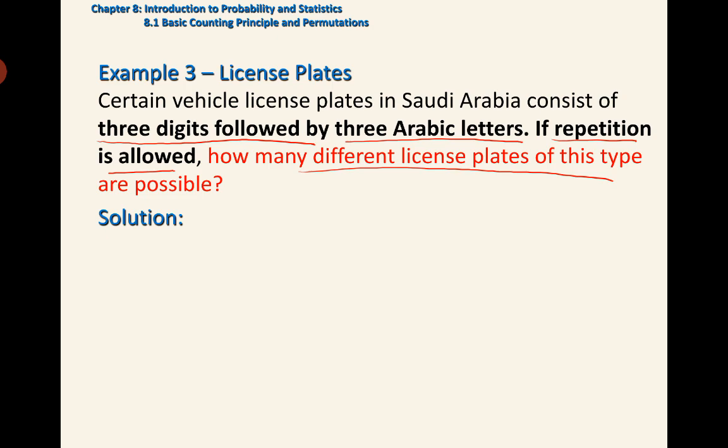The Arabic numbers go from 0, 1, 2, 3, and the last is 9. There are 10 numbers. For the letters, you can write how many there are. Arabic letters, are they 28?